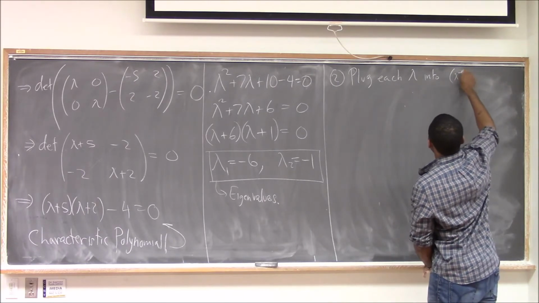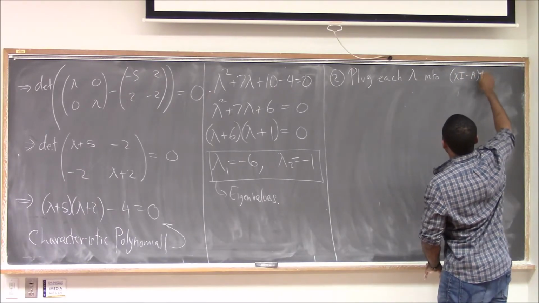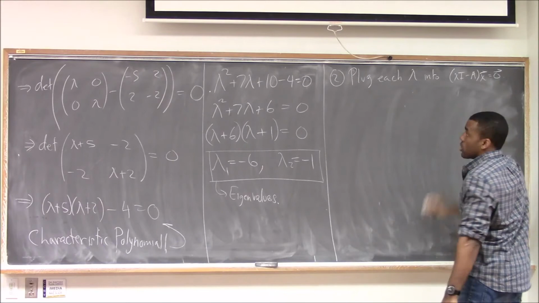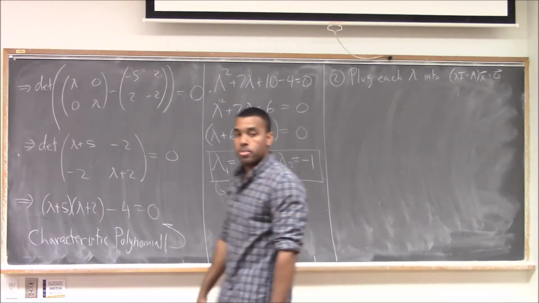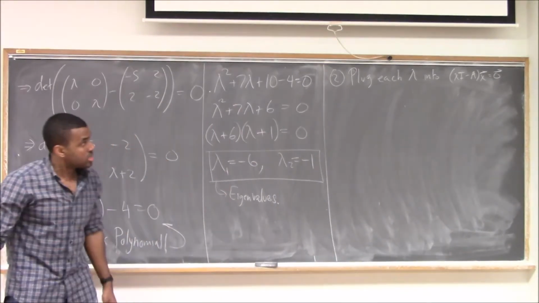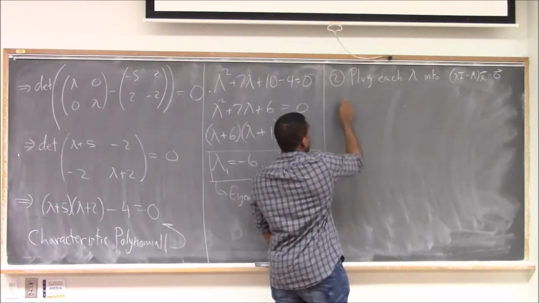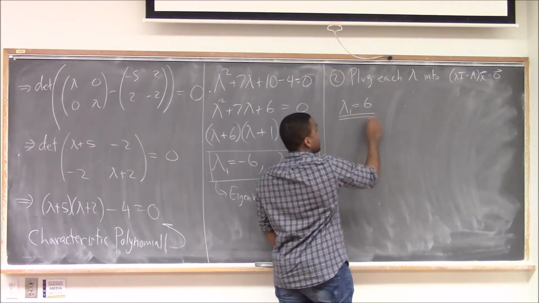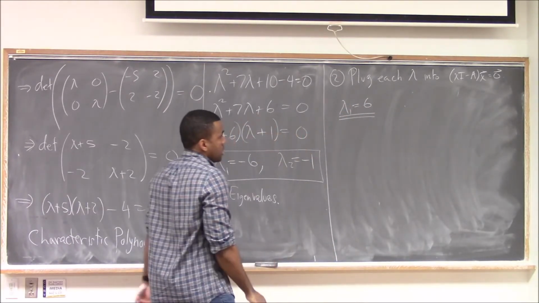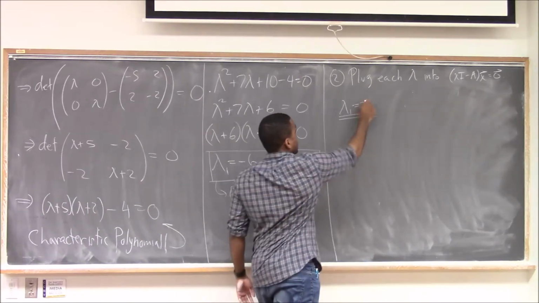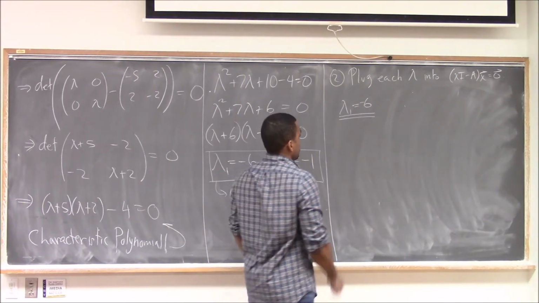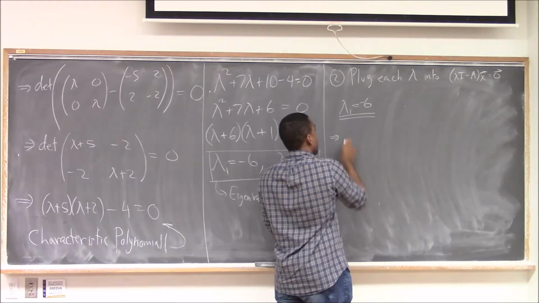So we want lambda I minus A times x to be 0, and we're going to solve that system for each by plugging in each of these lambdas. So in the first case, when I'm doing lambda 1 equals negative 6, I'm going to plug that in.